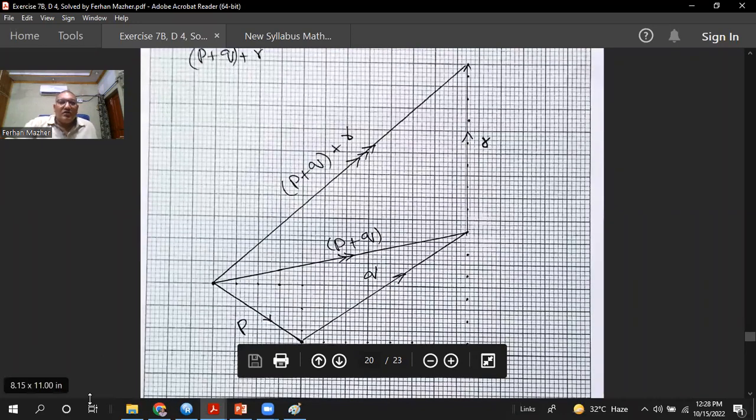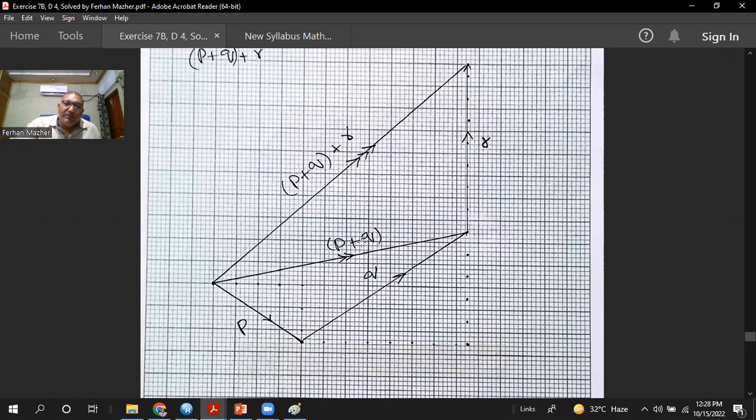First of all, I will draw P, then I will draw Q. I will join this point with the head of Q. That will give me P plus Q. Then I will add R. Here at this head, I will draw R. I will join the tail of P plus Q with the head of R. That will give me P plus Q plus R. So if you count it, this is the resultant.